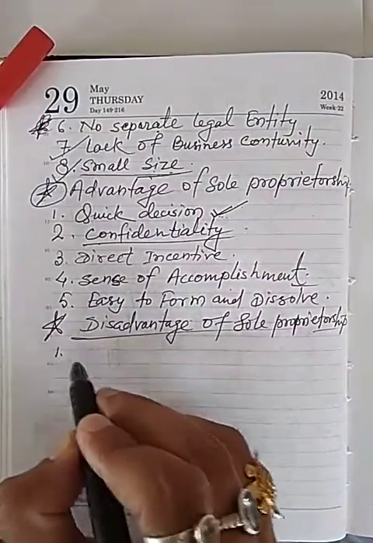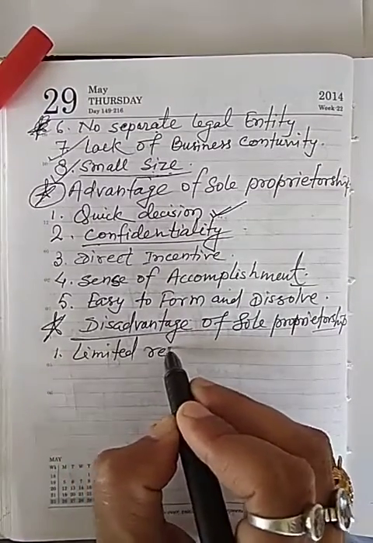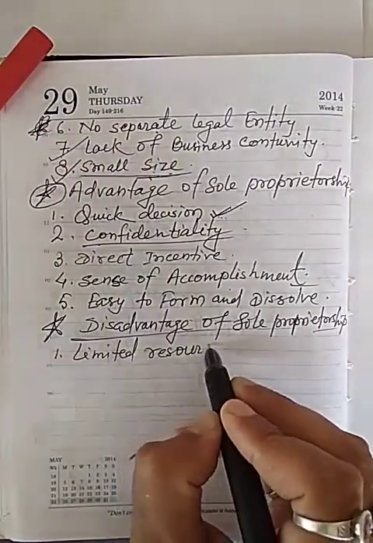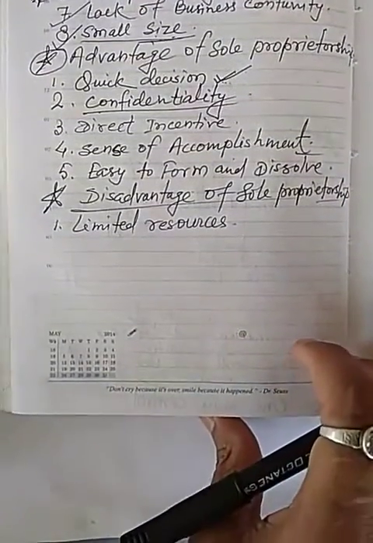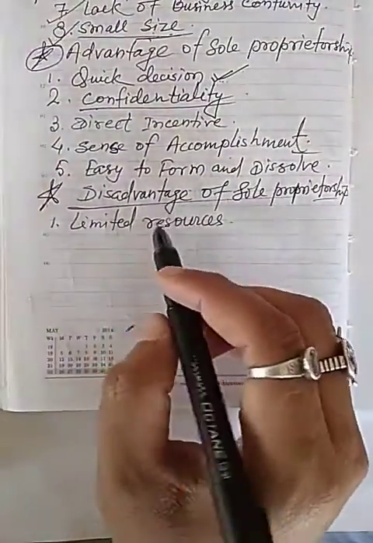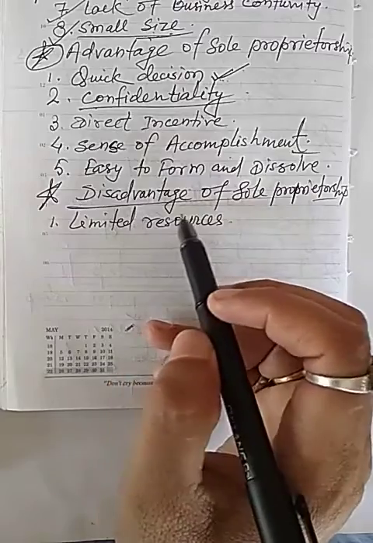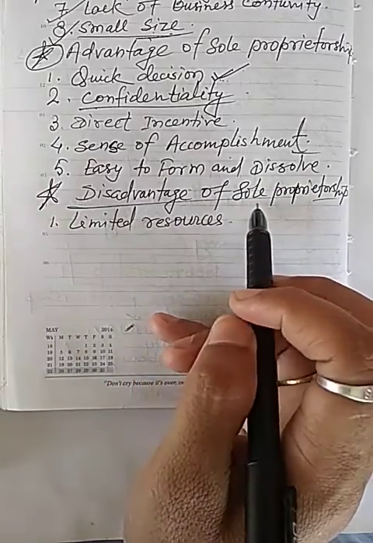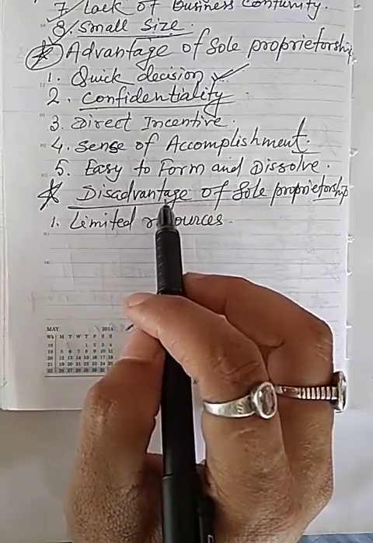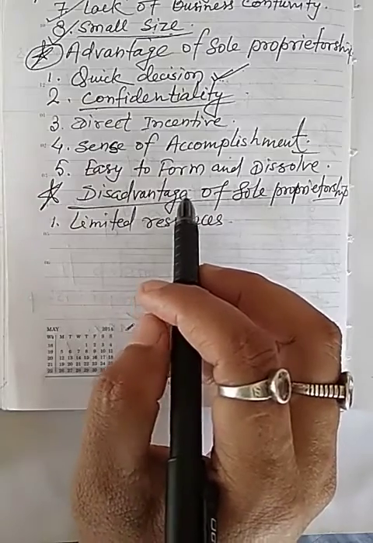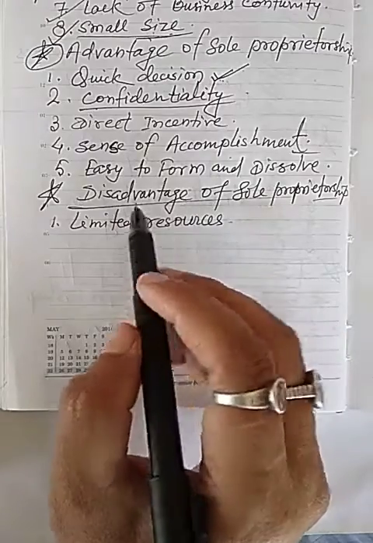First is limited resources. We already explained about limited resources. In a sole proprietorship firm, finance is supplied by the proprietor himself from his wealth or from borrowings. There is a limit to the credit raising capacity of a single person.